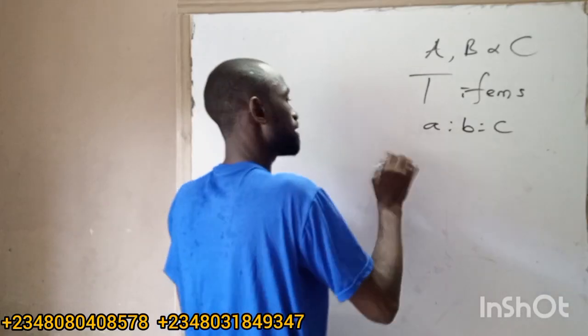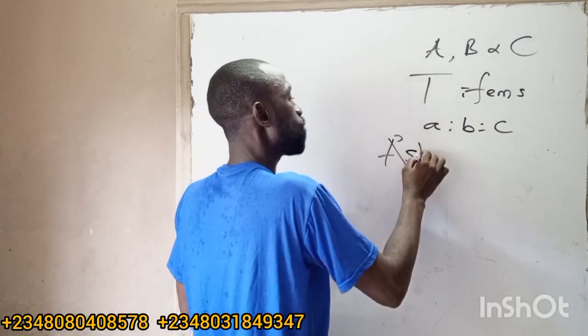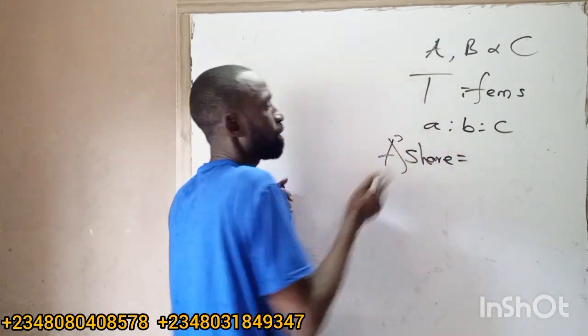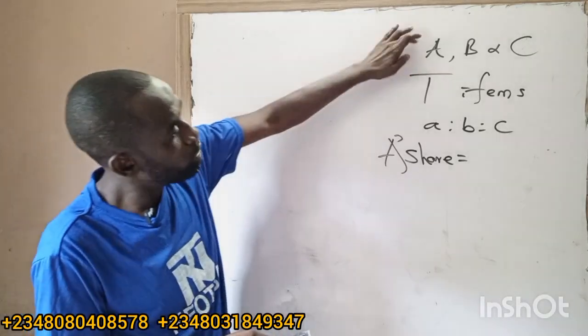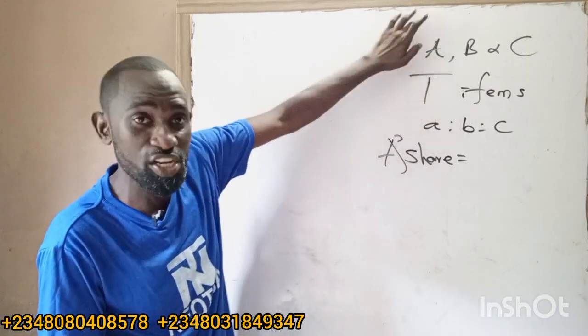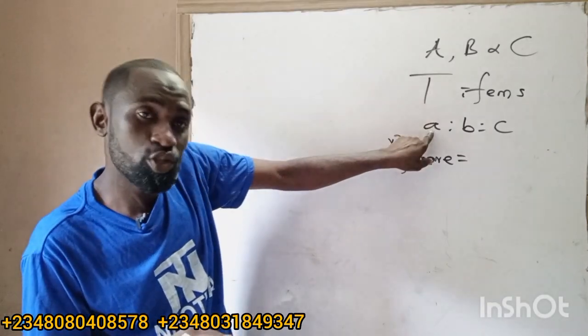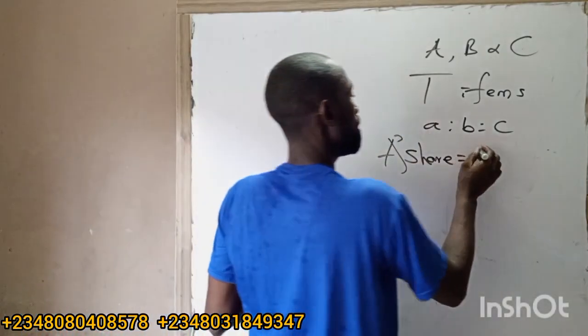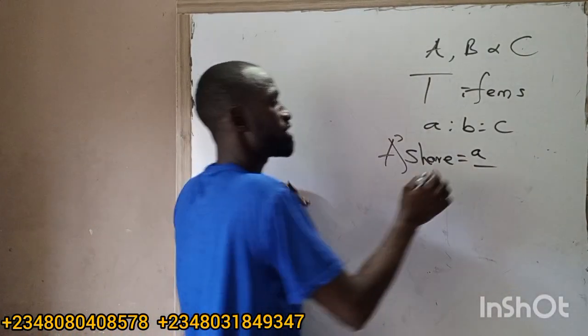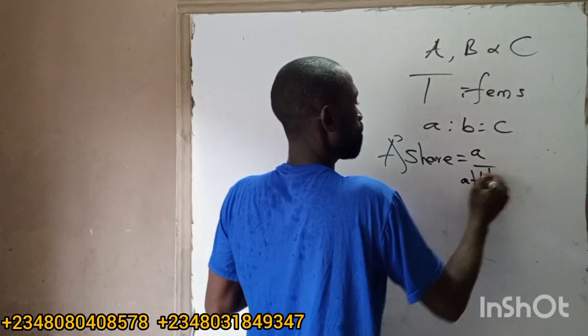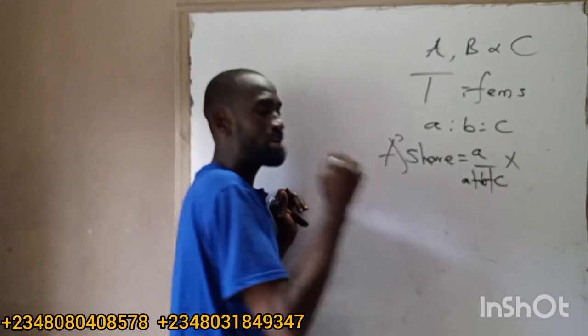So A's share, what A will have will be equal to T. The sharing is proportional to their ratio. So A will have A's ratio all over the total ratio, A plus B plus C, times the total items shared.